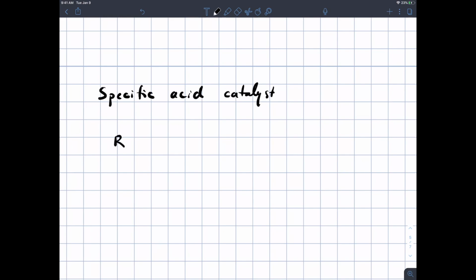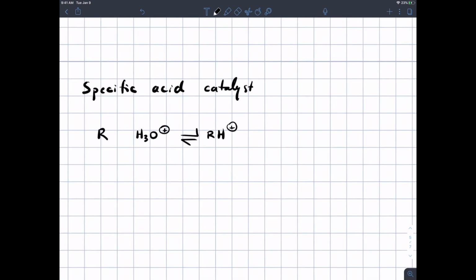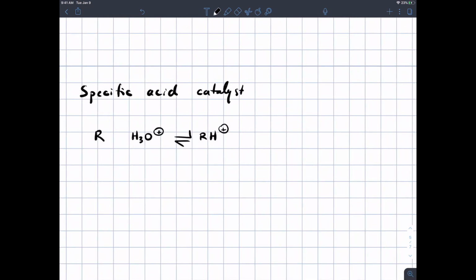You have some molecule, R. I don't know why R is our favorite generic thing, and we're going to protonate it with hydronium to generate the protonated species, RH+.